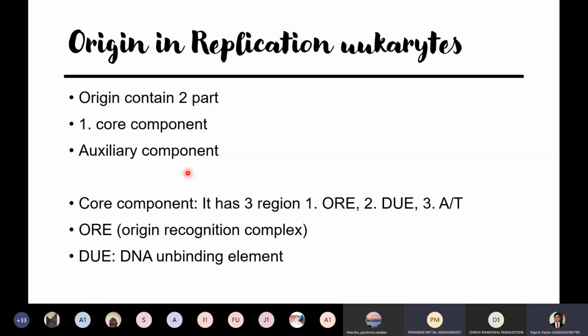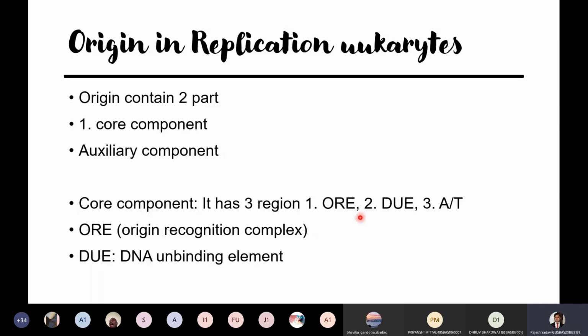One is a core element that is made up of three regions. That is an origin recognition element. Second is a DNA unwinding element, and that is an AT rich region. The full forms are written here: origin recognition element and DNA unwinding element.